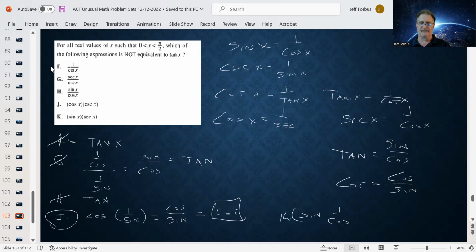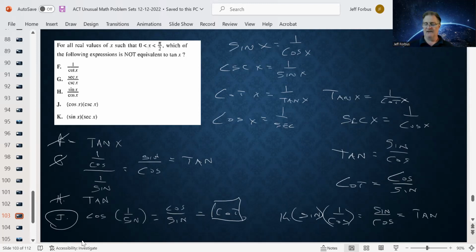So that's going to be sine times 1 over the cosine. That's the same thing as saying sine over the cosine. And the sine over the cosine gives us the tangent. So our answer choice again is J.